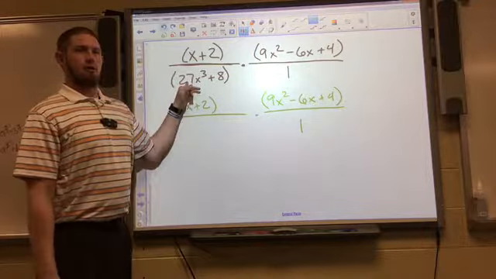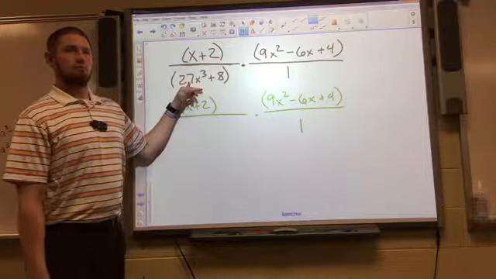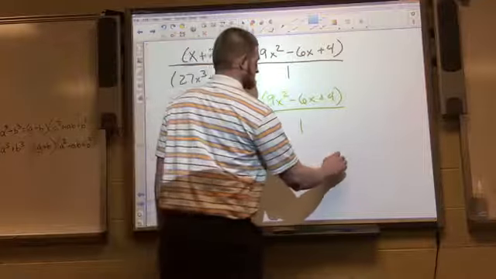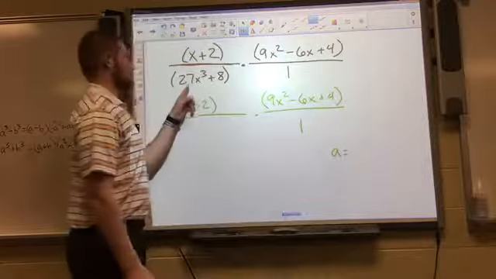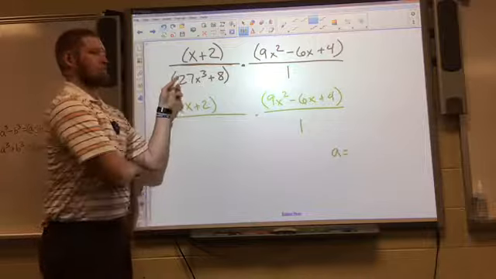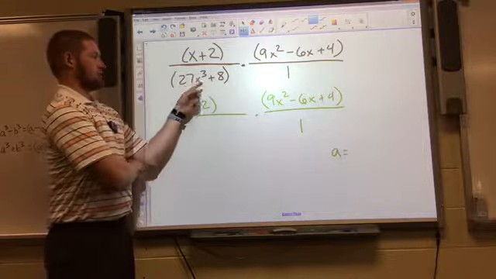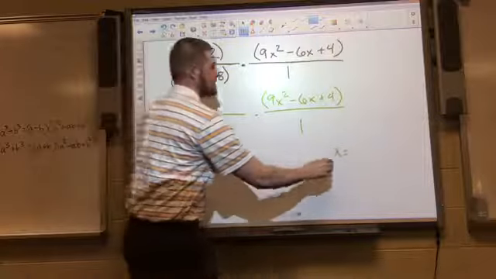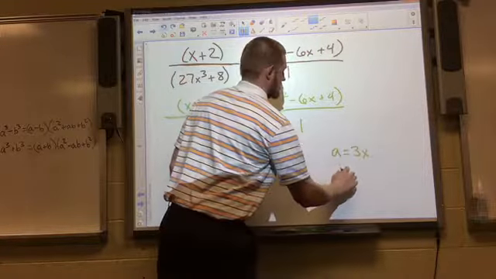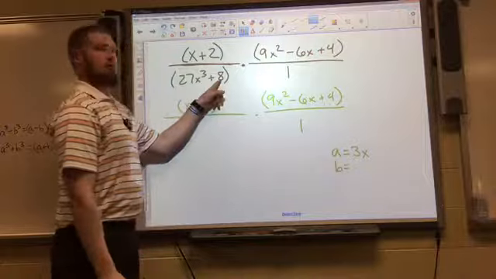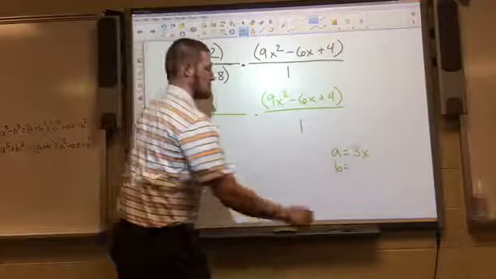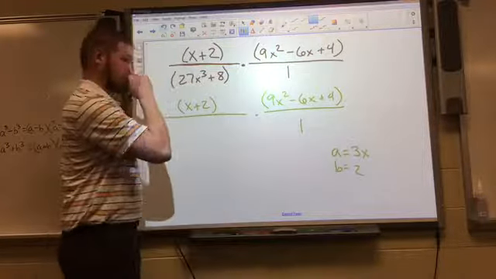So, what is A here? No, it's 3 something, but it's not just 3. It's 3x. It's this whole thing. So A is 3x. B is 2. It's the cube root of both of those.